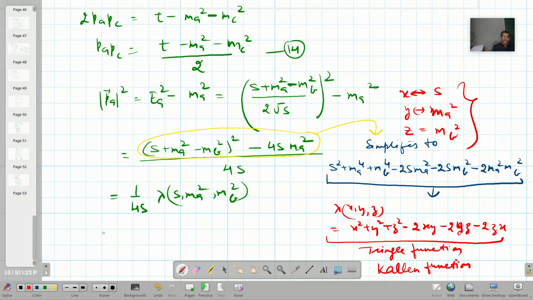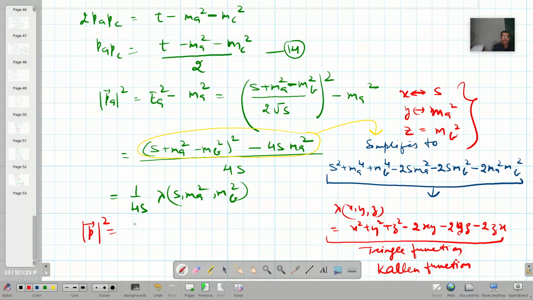So from here I can calculate p square. So that means pa in this case is p, and we have to take its square root, or I can say that it is p square.